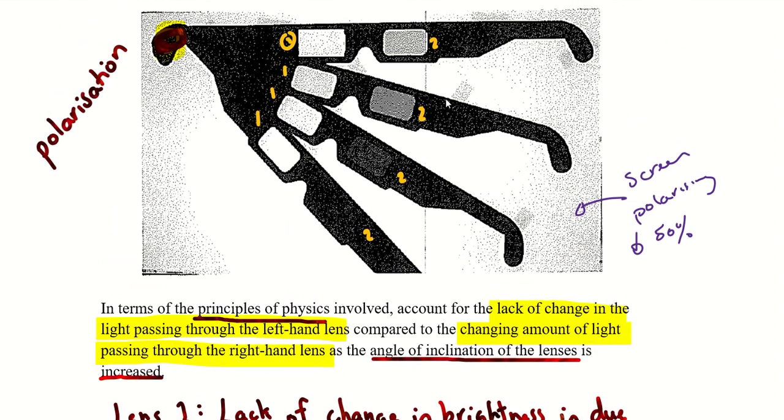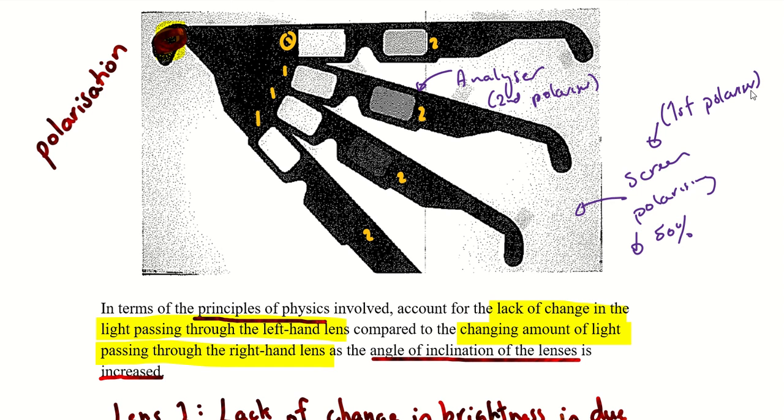We can also label, I didn't mention it before, but screen 2 is an analyzer. So that's our second polarizer, while our polarizing screen is our first polarizer.